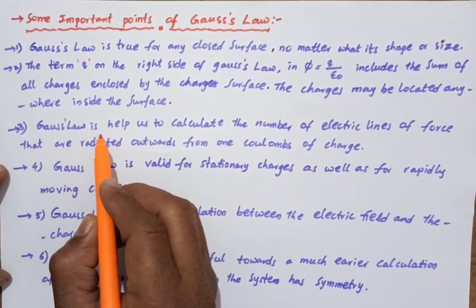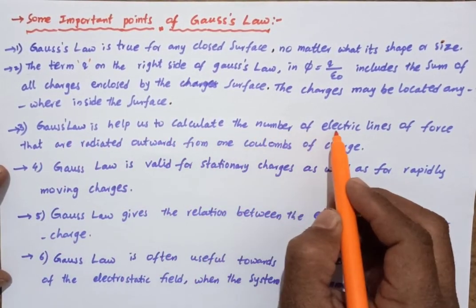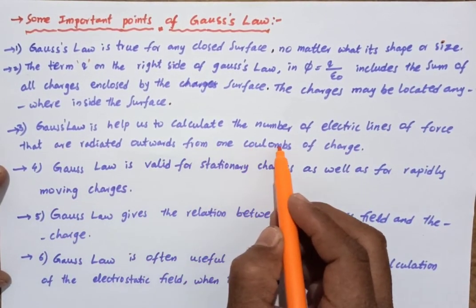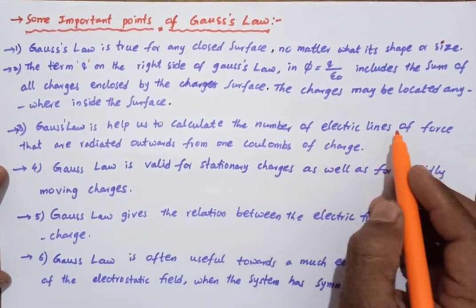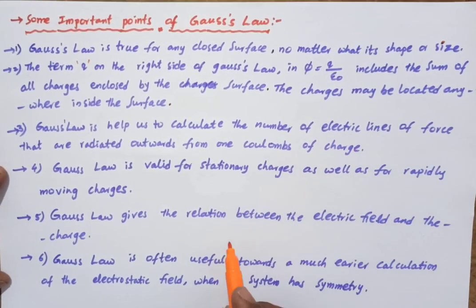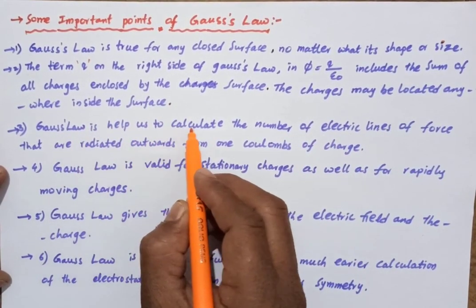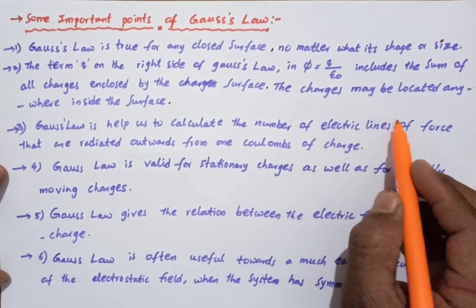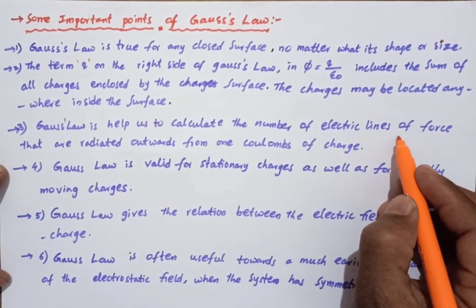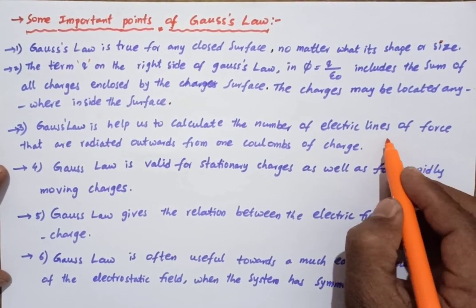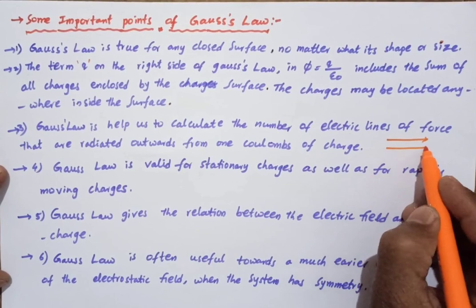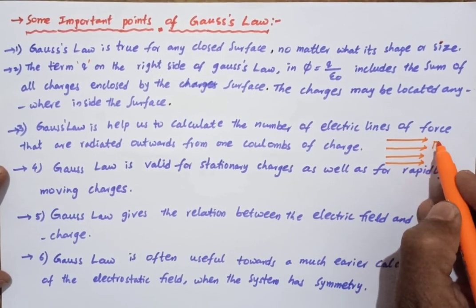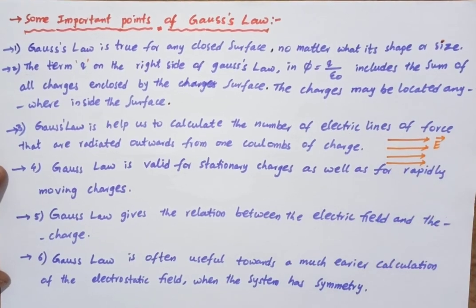Third one, the Gauss law helps us calculate the number of electric lines of force that are radiated outwards from 1 coulomb of charge. So here the Gauss law helps calculate the number of electric lines. For example, we consider the electric lines like here, this is the electric field.